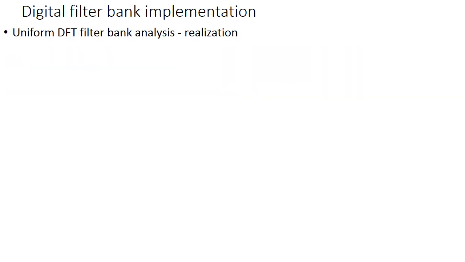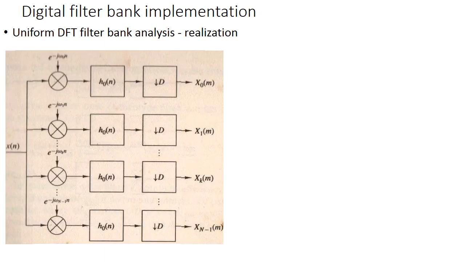So now we'll see how to realize the uniform DFT filter bank analysis section. In the analysis section, you give a time domain input and you obtain a frequency domain output.